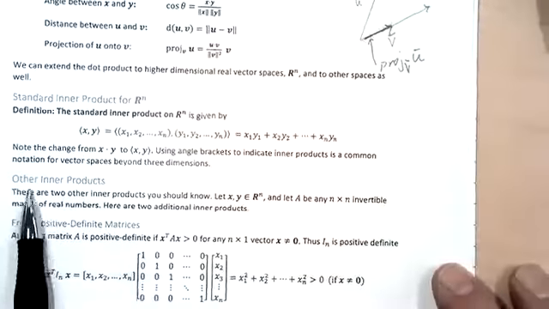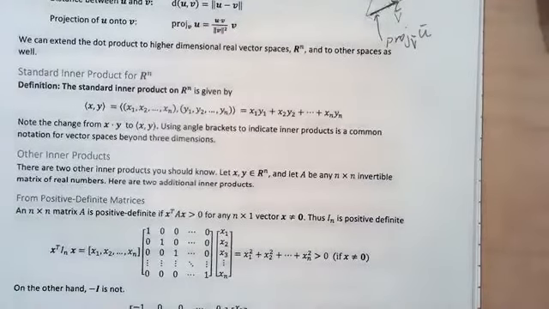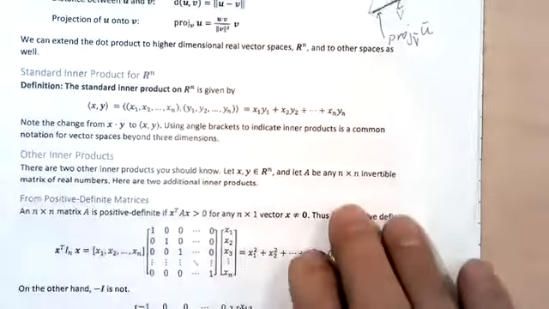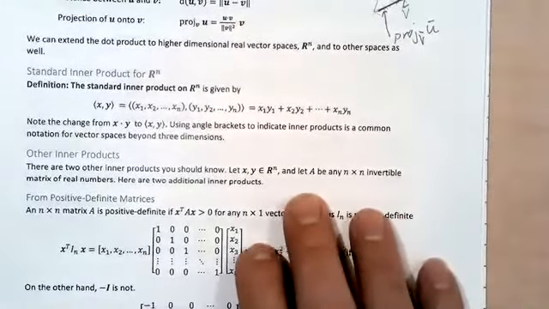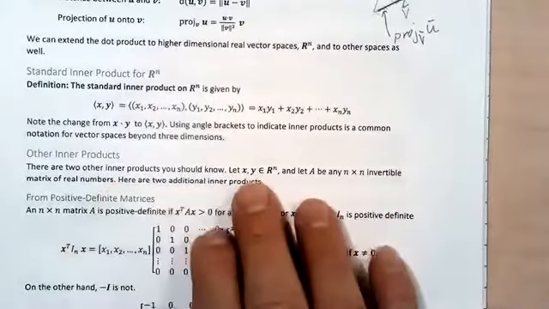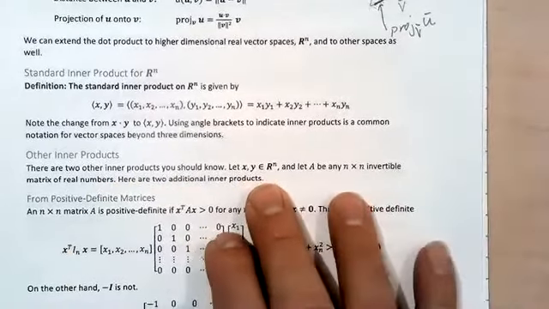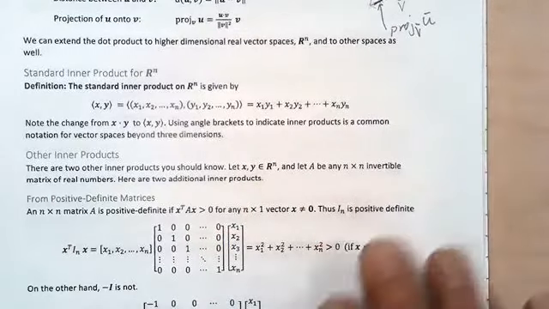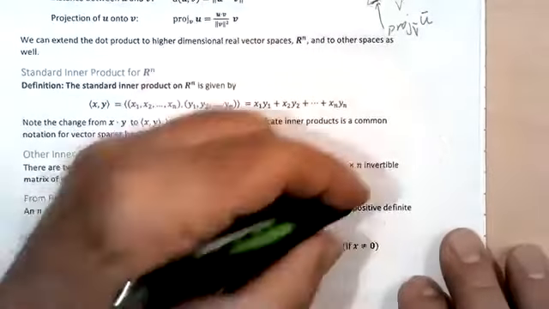So there are other ways to make inner products though, and I'll just mention 2. One of them, actually, I don't know why I wrote it this way. It's not very helpful. It says, here are 2 other inner products. So let x and y be vectors in R^n and let A be any invertible matrix. Well, sure, but then in just a minute, I'm going to qualify it more and say it's supposed to be a positive definite matrix.